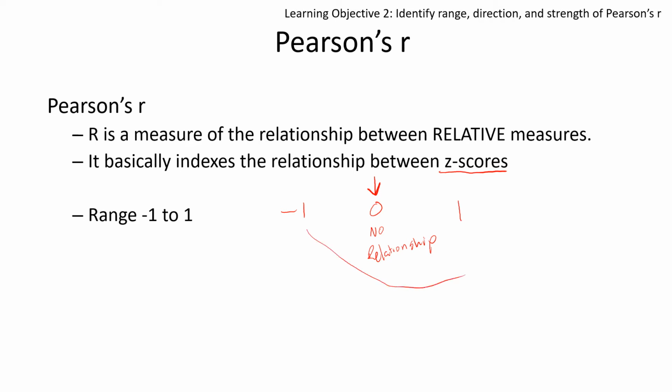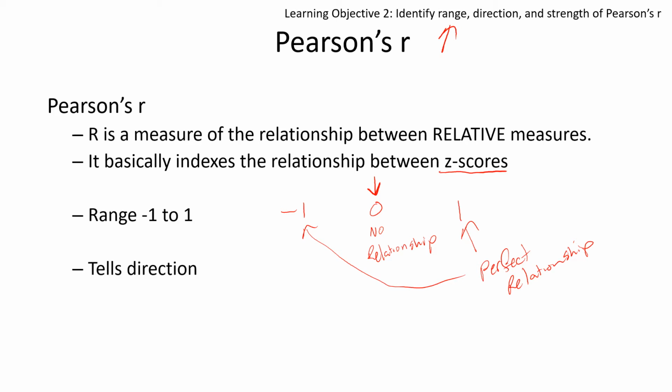A 1 or a -1 indicate a perfect relationship. As I said, on the next slide, I'll talk more about what a score less than 1 or greater than 1 means, but for now, just note that 0 means no relationship, 1 and -1 mean a perfect relationship. So that is the range. So identify the range of Pearson's R, that is -1 to 1.